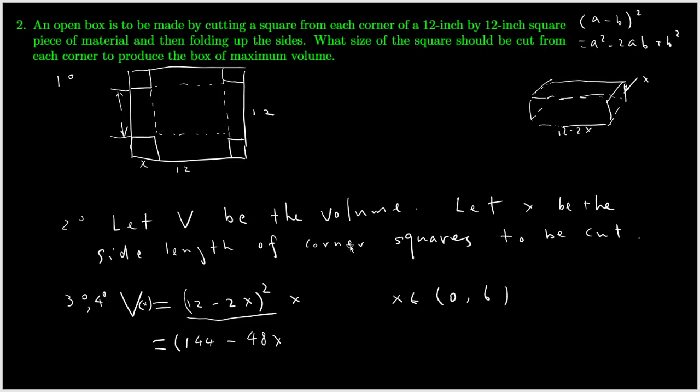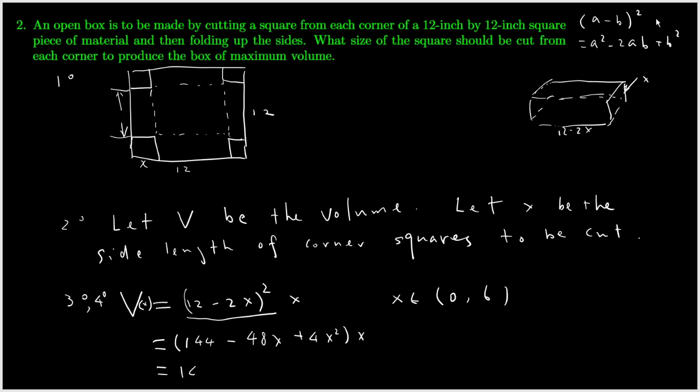You just treat a as 12, you treat b to be 2x, you have the form of a minus b the whole thing squared, right? 144 minus 48x and then plus 4x squared and then times x, right?